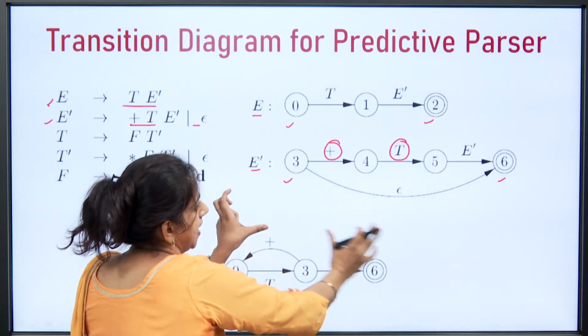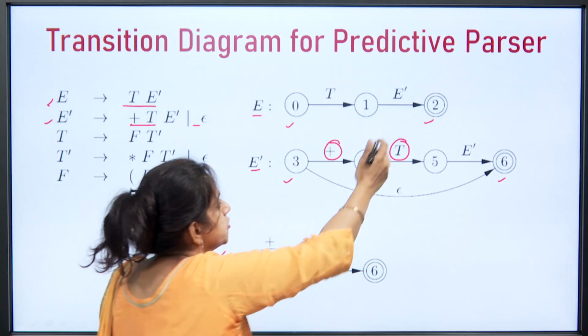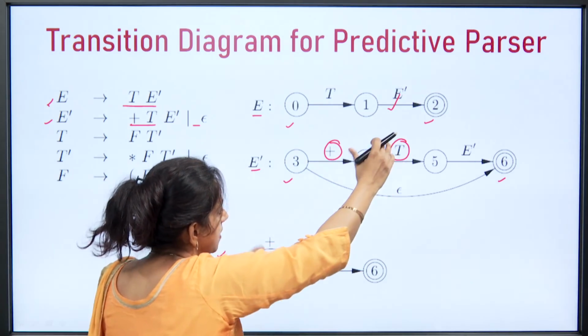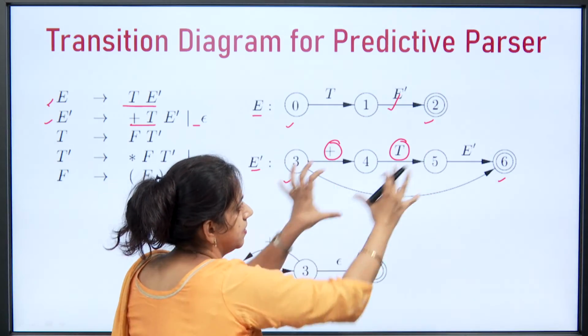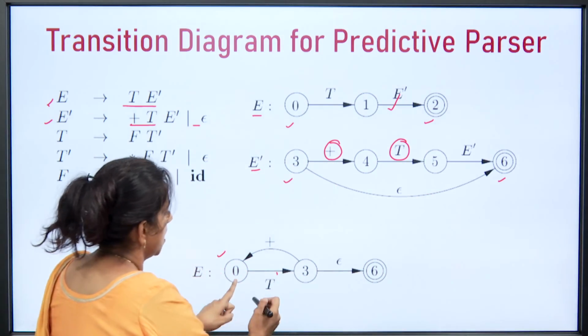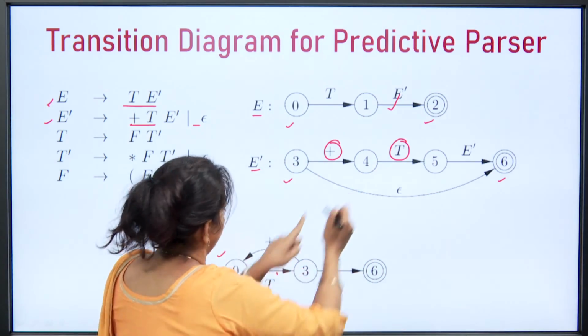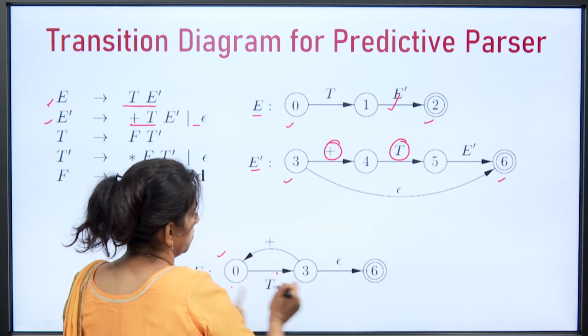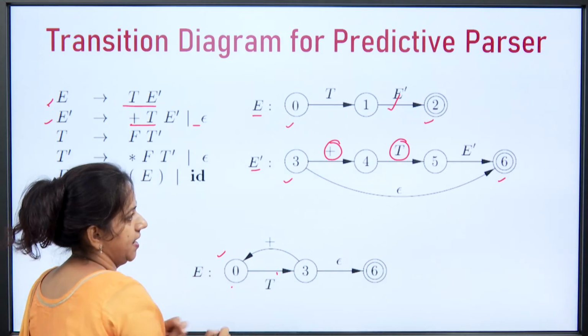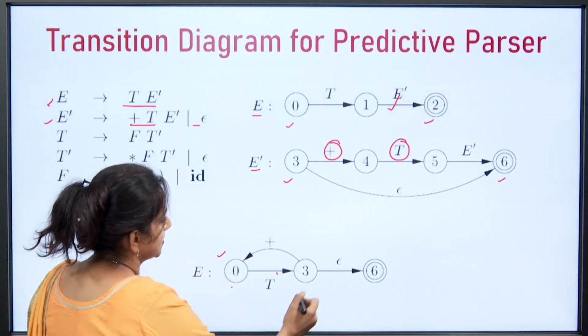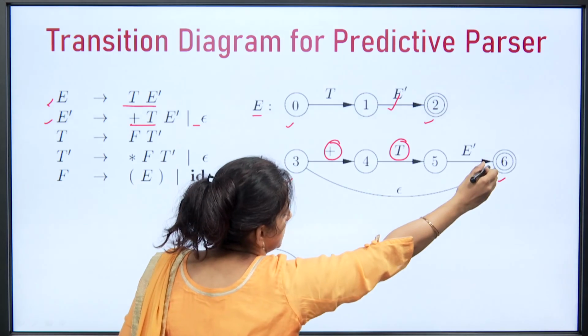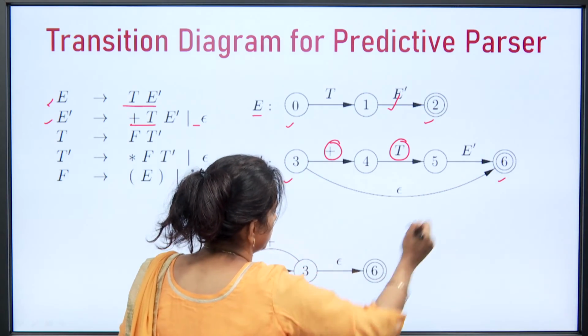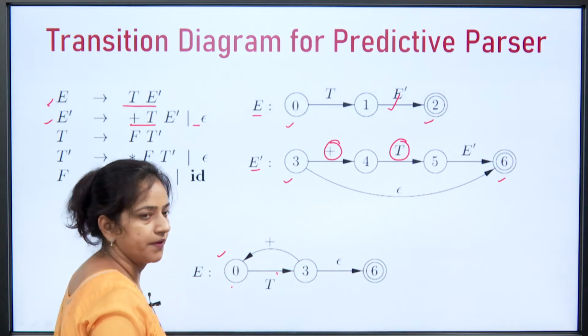After that, we can simplify the transition diagram also. Here we have E, T and then E prime, and we have a transition diagram for E prime also. So, we can replace this transition with this entire transition diagram. Here we will have T and then plus and then T. We will make a loop over here, then E prime, and next from 3 to epsilon, from 3 to 6 a null transition. Right.